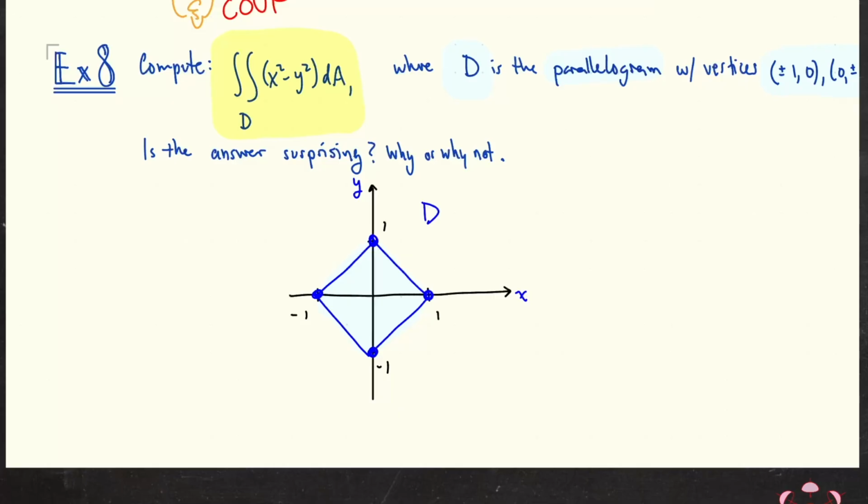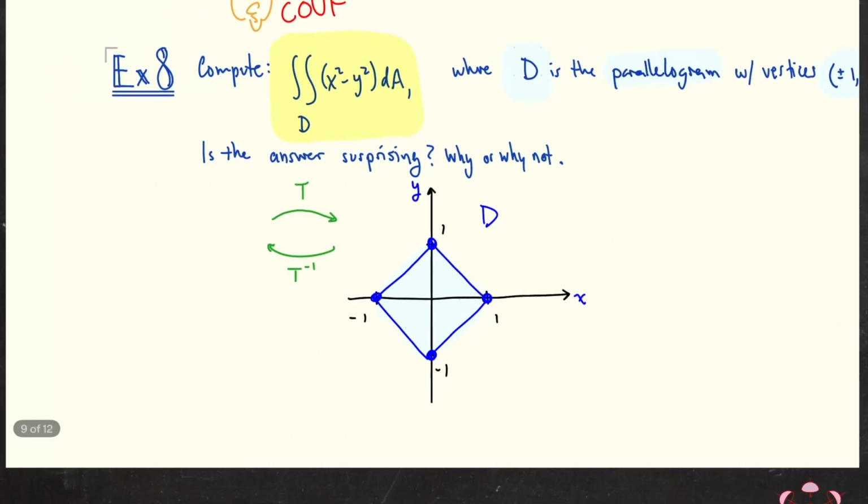Okay, so the key is, can we find the transformation T or T inverse? So it depends on which order, so that we can integrate. So let's give this a try.